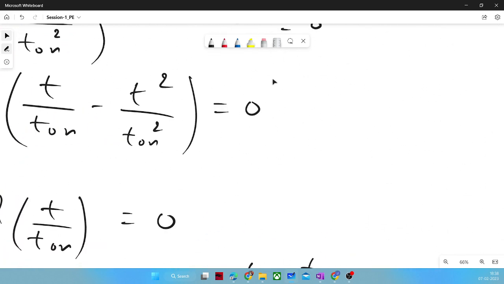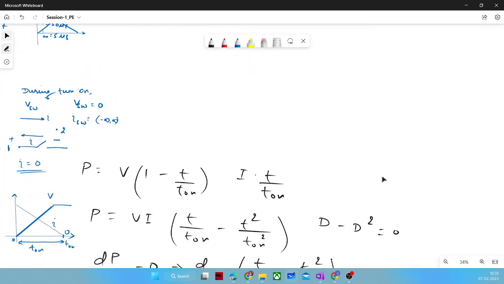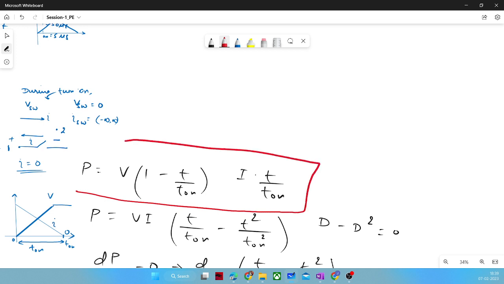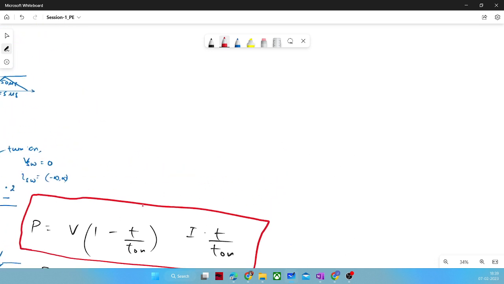If we plug t by t on equal to half into the initial expression of power, we get P equal to V times (1 minus t by t on, which is half) times I times t by t on, again half.